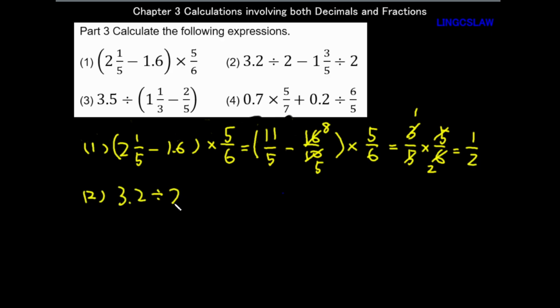3.2 divided by 2 minus 1 and 3/5 divided by 2 equals. 3.2 is 32/10, divided by 2, so times 1/2, minus this one with 1 times 5 plus 3 equals 8/5.